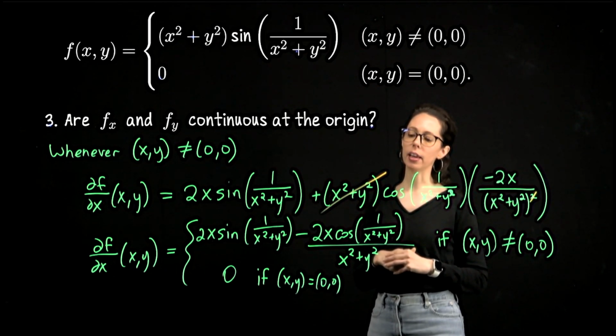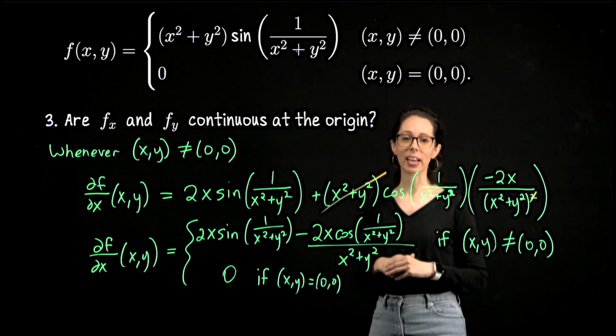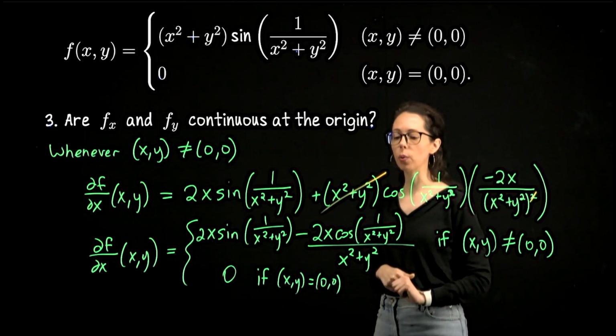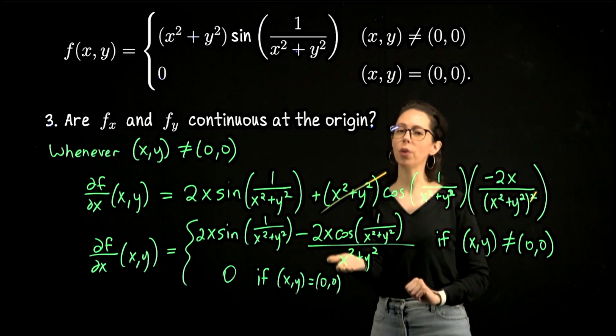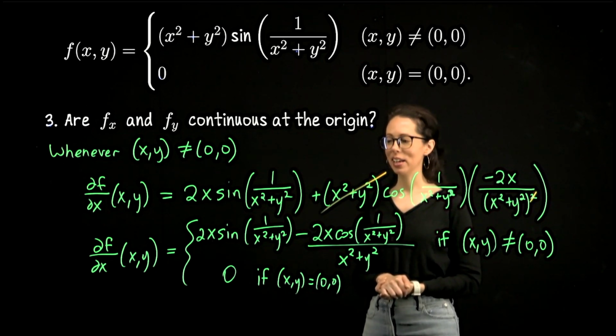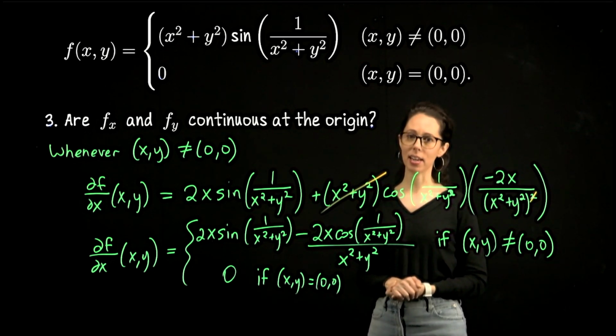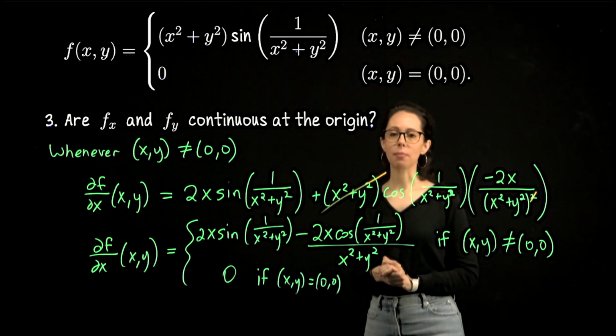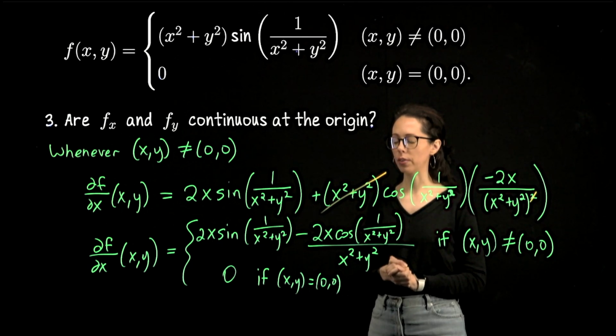In particular, if you wanted to approach the origin along, say, the x-axis, where y is identically 0, you could kind of ignore this plus y squared. You would be looking at -2 over x as x goes to 0, so that's not going to exist, and overall this limit does not exist as x and y both go to the origin. Since the y partial derivative has the same form, we have the same result for that partial derivative.